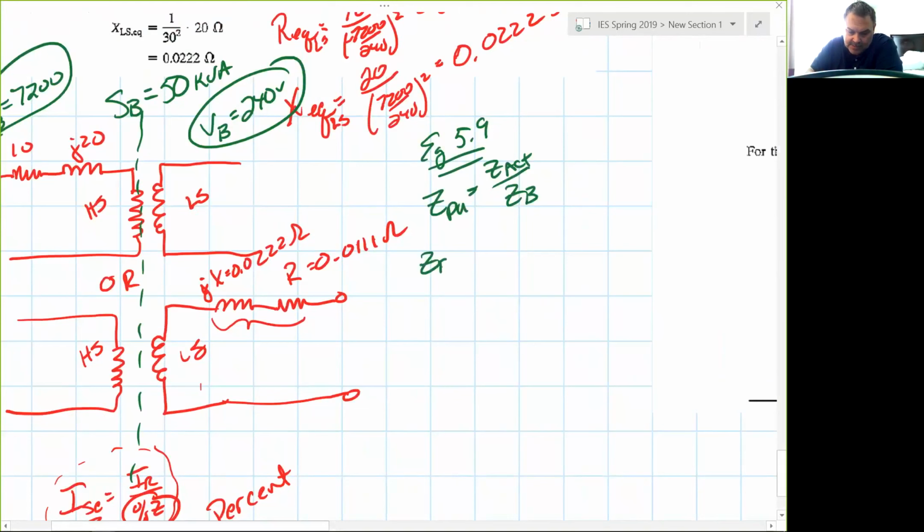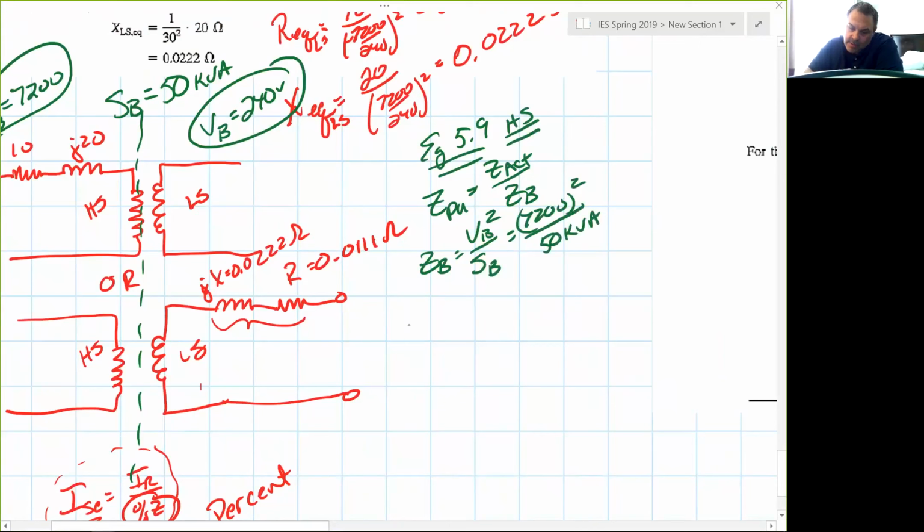On the high side, this would be 7200 squared over S base, 50 kVA.